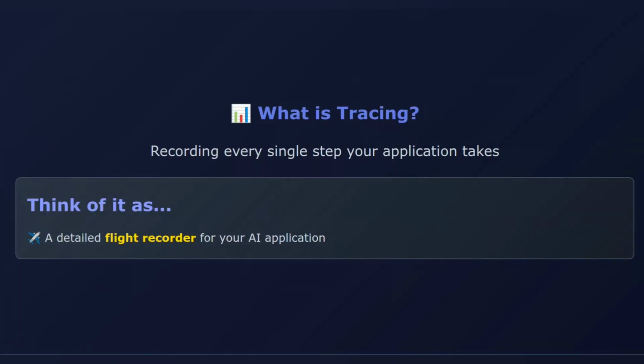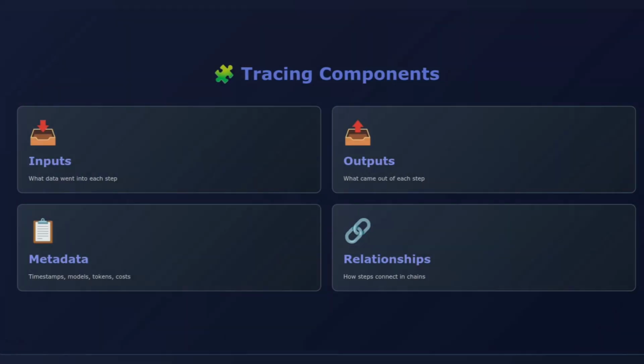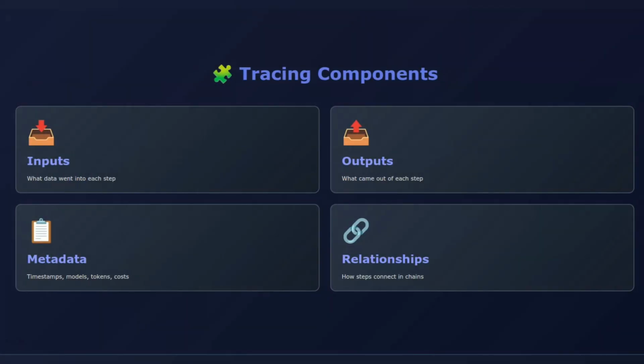All right, so what exactly is tracing in the context of LangChain? Tracing is essentially recording every single step your application takes. Think of it like a detailed flight recorder for your AI application. A good trace captures 4 key things. First, the inputs. What data went into each step?